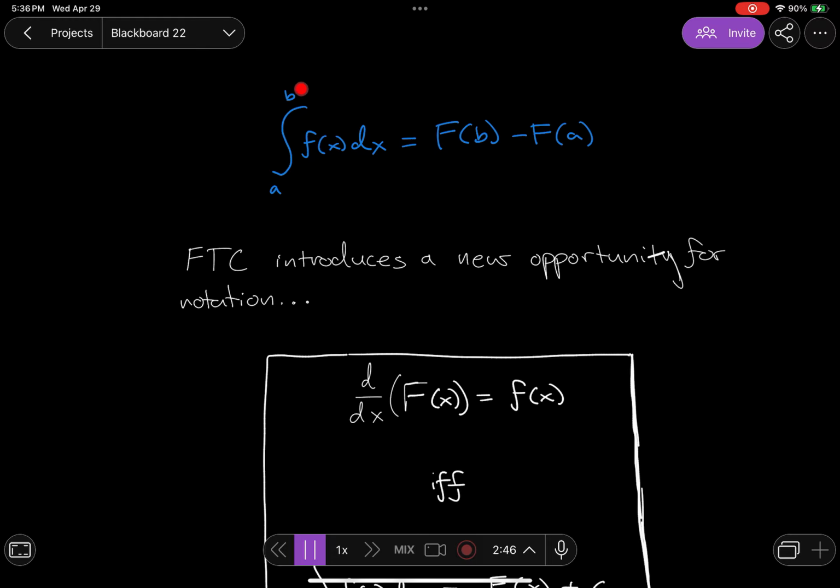To our great joy and surprise, the area function, the integral function, the accumulation function is severely and heavily related to the derivative function or the derivative operator. So this fundamental theorem of calculus, now that we have this connection, now that we've fully proven this connection, it introduces a new opportunity for notation.